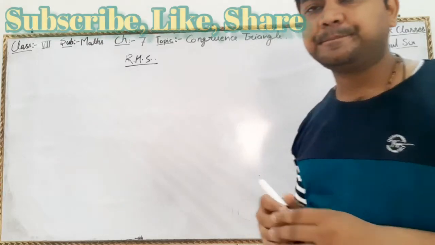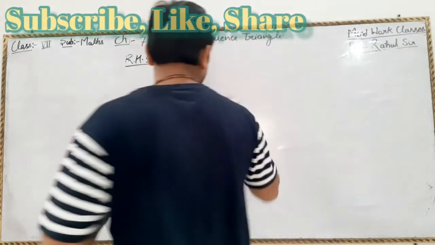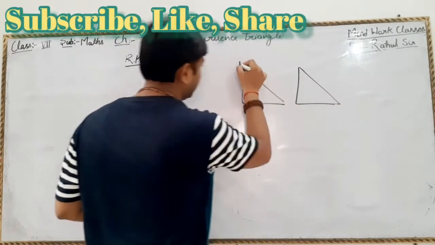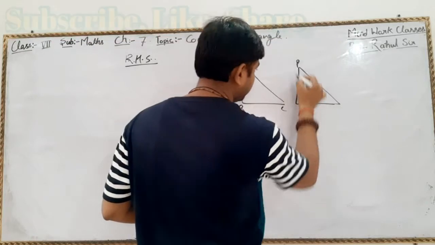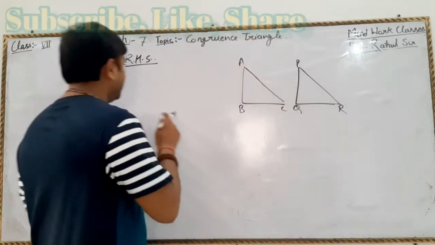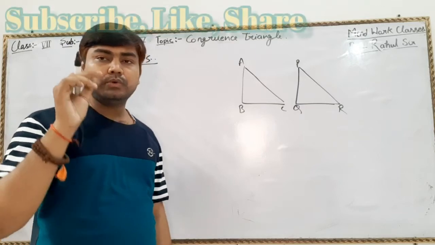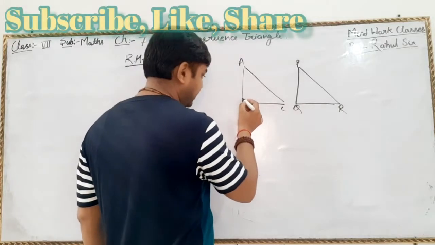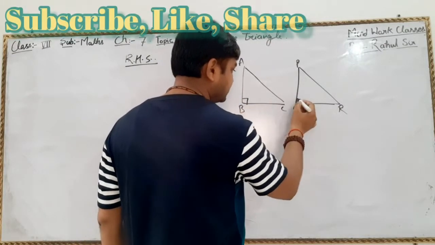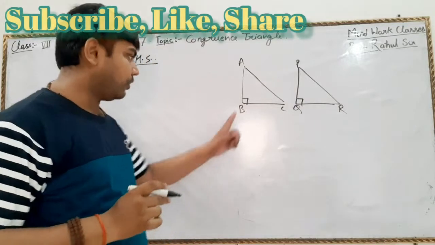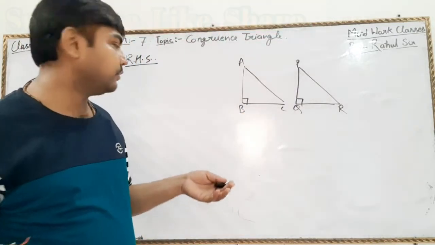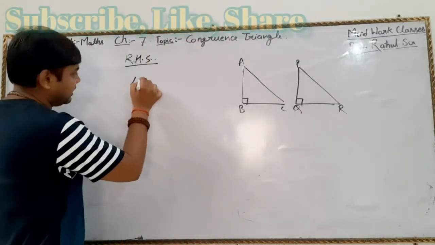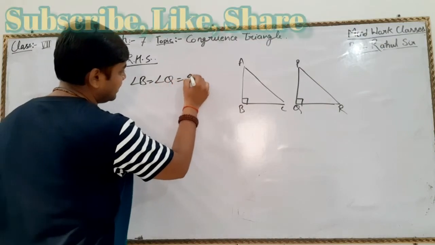It says that if two triangles ABC and PQR have right angles, one triangle has this right angle and the other this right angle. Obviously right angles are always equal. Angle B is equal to angle Q, that is 90 degrees.